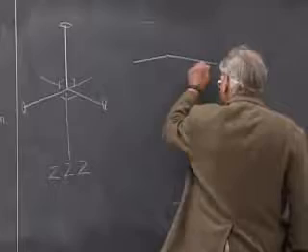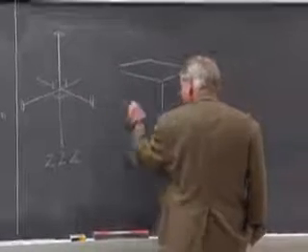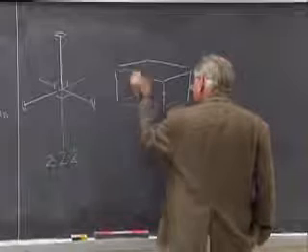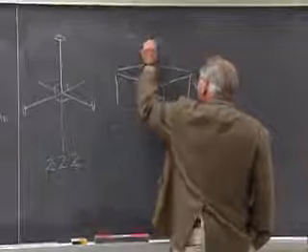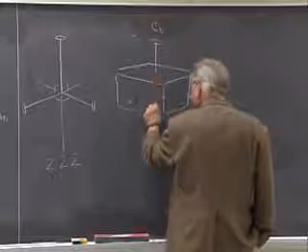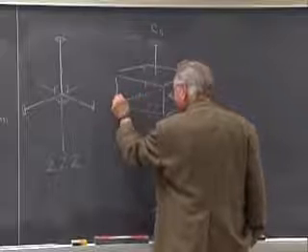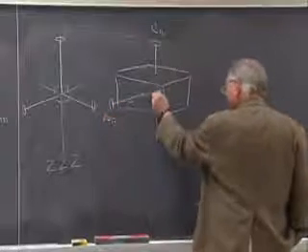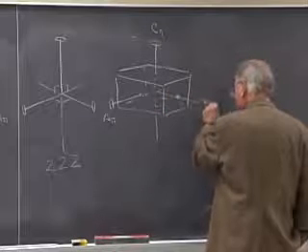A solid that would have this symmetry plus some other symmetry would be an orthogonal brick with one 2-fold axis coming out here. And this is the operation C pi. Another 2-fold axis coming out the front, and this would be the operation A pi. And another 2-fold axis coming out of this face, and this would be the operation B pi.